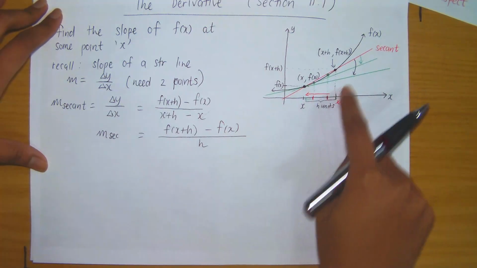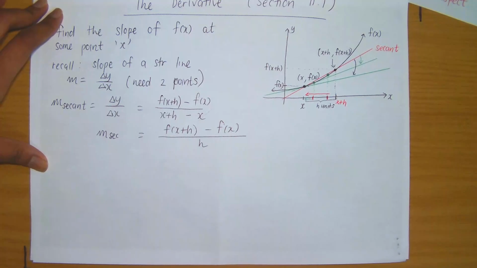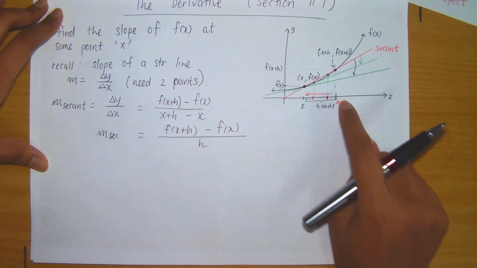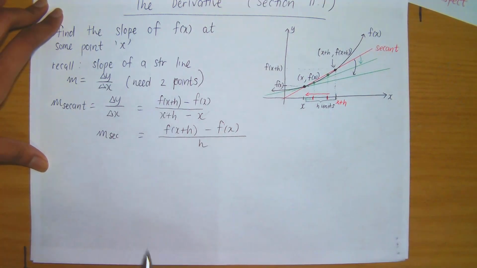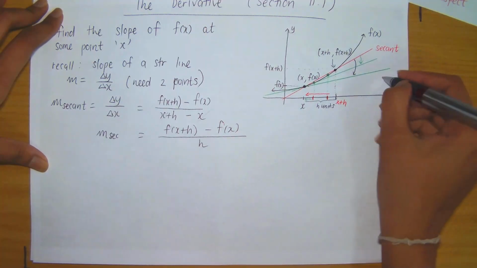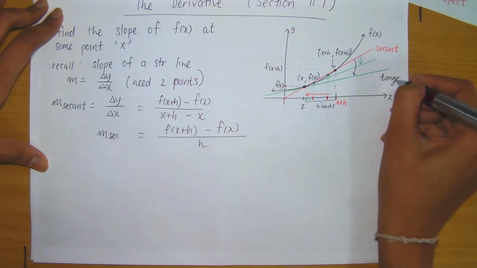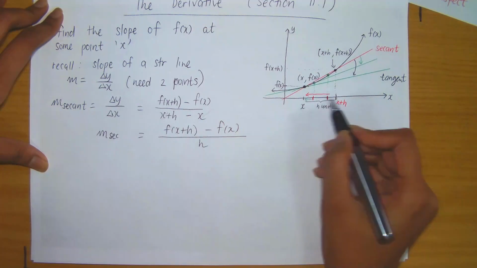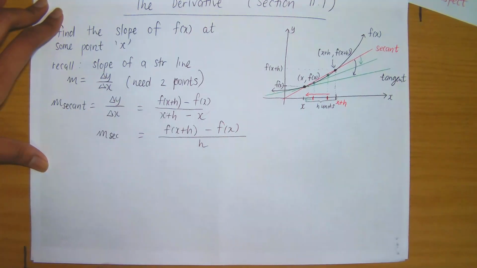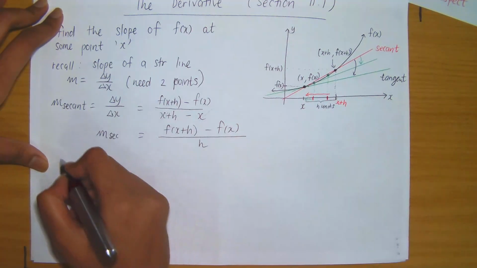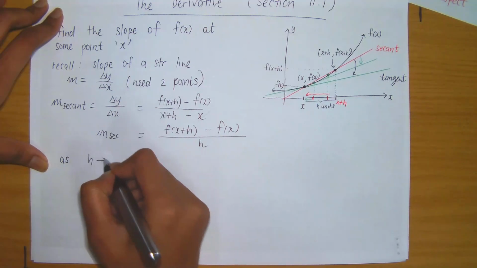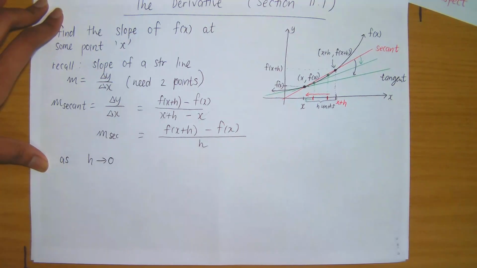And what was the reasoning, or how could we summarize this mathematically to explain that the secant dropped to a tangent? Right, so observe what had happened. X plus h was taken closer to x, which means that h tended towards 0.